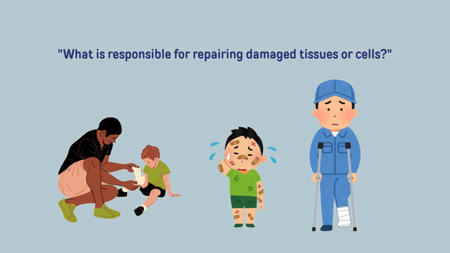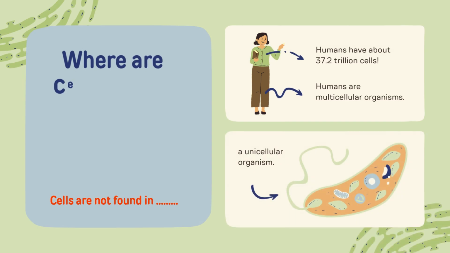A very important question is, where are cells found? We mentioned that they are the main building units in the living organism's body. So does that mean they are found only in living organisms' bodies? Yes. Cells are found only in living organisms, like plants, animals, humans, and also bacteria.